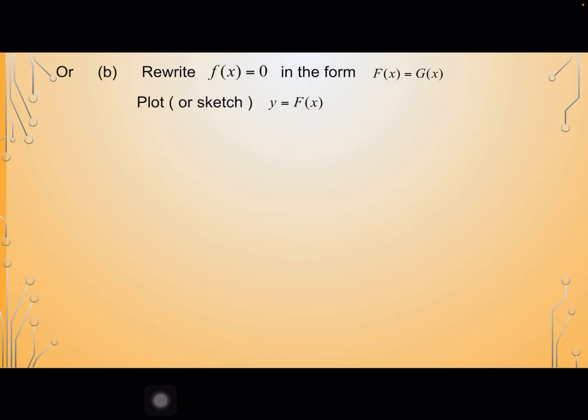Or B, we can rewrite f(x) equals 0 in the form of f(x) equals g(x). Plot or sketch y equals f(x) and y equals g(x). In this case, the function f(x) equals 0 is split into two functions, that is f(x) and also g(x).